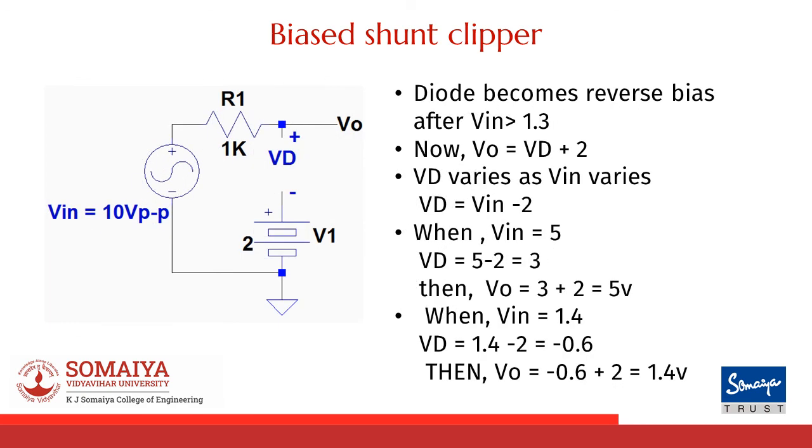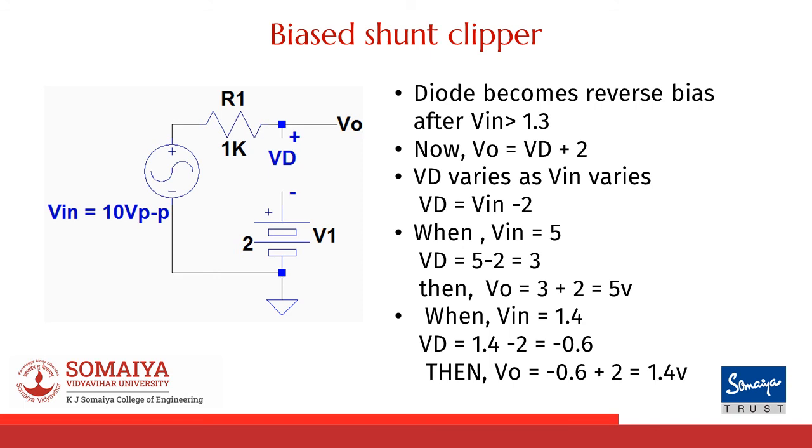The diode will become reverse biased for all values of Vin greater than 1.3 volts and it will be represented as an open circuit. Now VO would always be equal to Vd plus 2. But the value of Vd will change as Vin varies. So first let's write an expression for Vd. Vd would be equal to Vin minus 2. This can be easily found out by applying KVL in the loop.